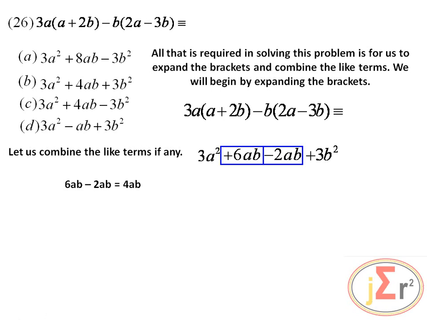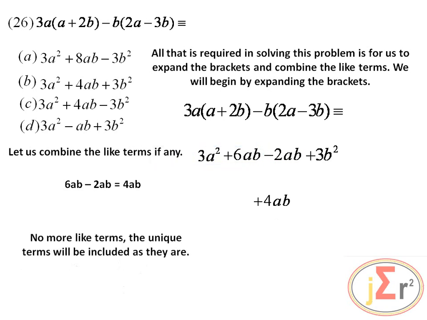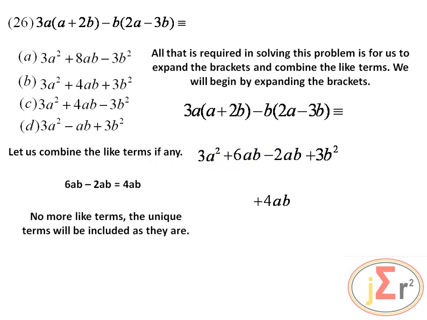So the term, which is ab, is applied as it is to the result of combining those coefficients. So we have 4ab. No more like terms.